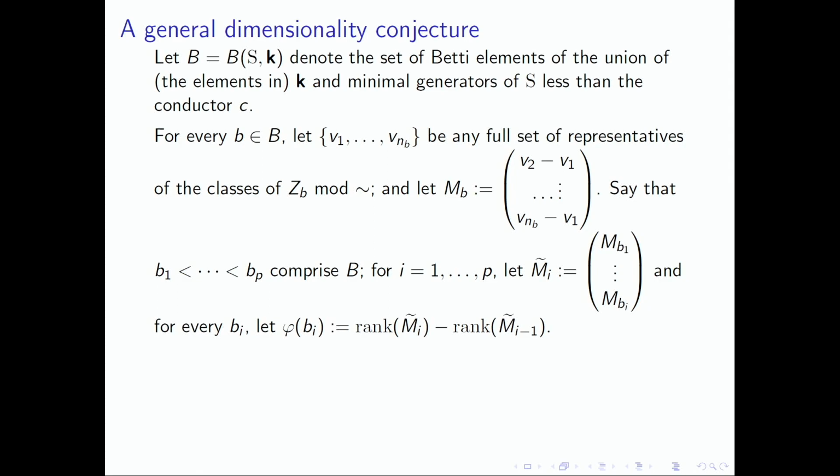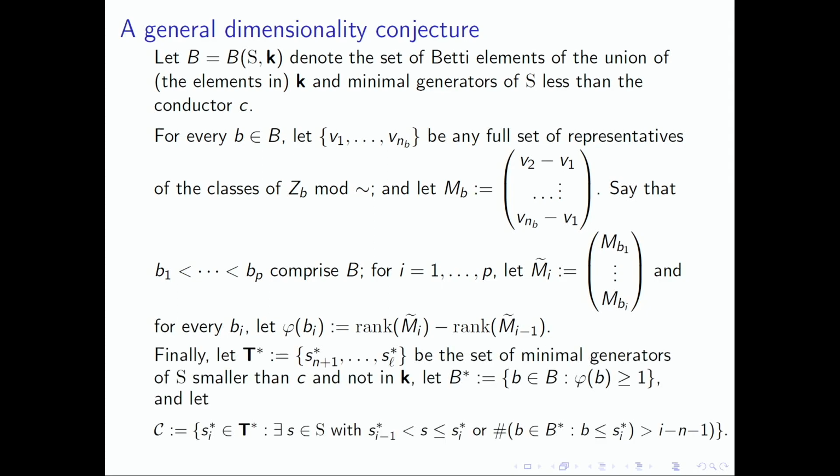And then we have to assemble all of those together and compute successive jumps in ranks. So the idea is that this phi of B, or B sub I, is again some kind of arithmetic function.